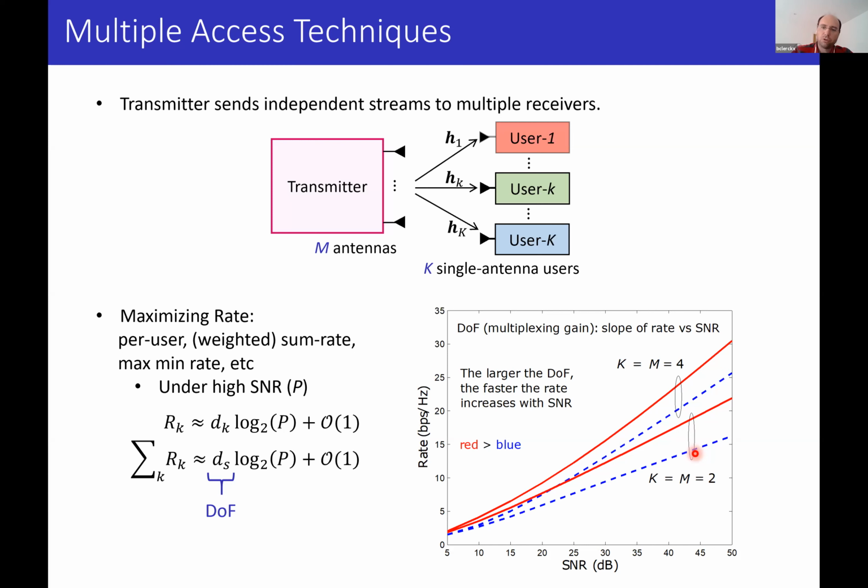So in other words, as you increase your SNR by 3 dB, if you have a strategy that has a larger DOF, the sum rate or the per user rate or the maximum rate will always increase faster with the SNR. So the red strategy here would be better than the blue one. So in this talk, we'll talk about different metrics. We'll talk about sum rate and maximum rate, but we will also come back and talk about multiplexing gain. So you can just think about this as the slope of the rate versus the SNR. The larger the slope, the better it is.